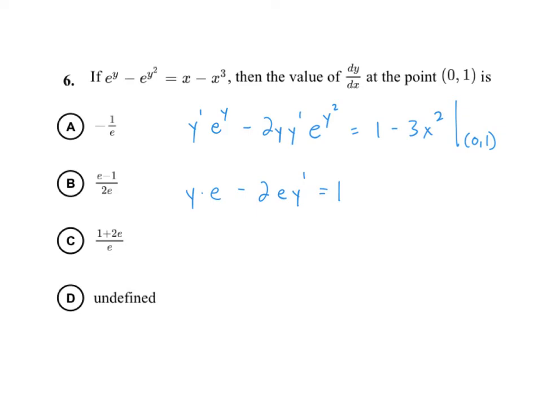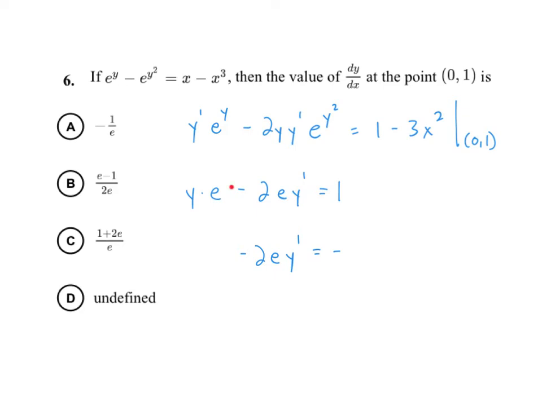Okay, and then if we start solving this for y prime, then we can minus that over, so you have negative 2e equals negative.